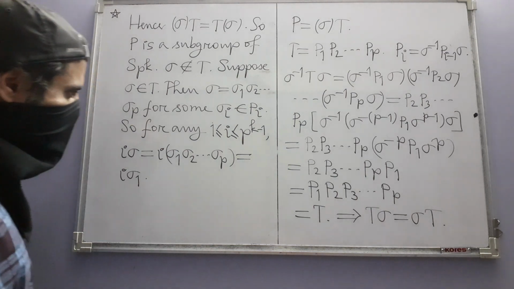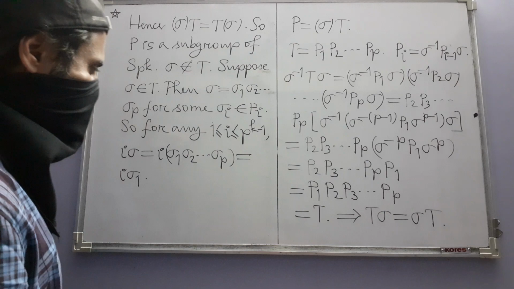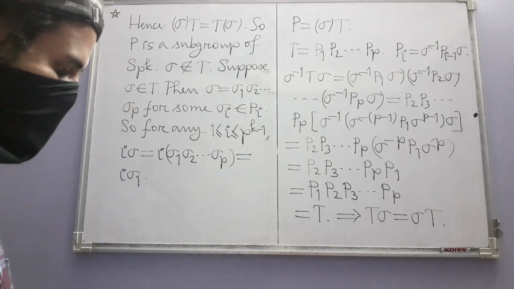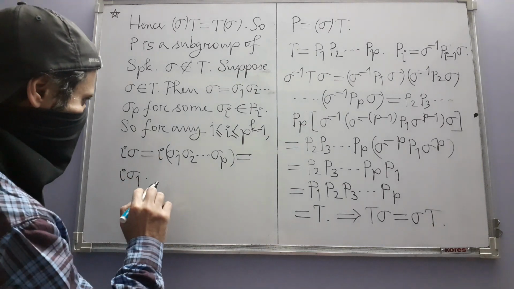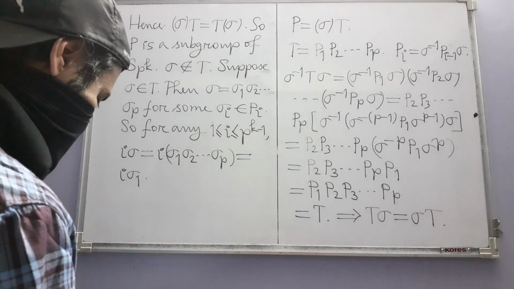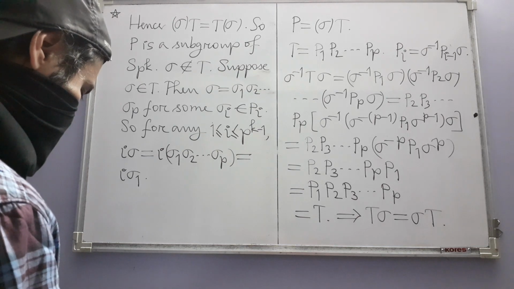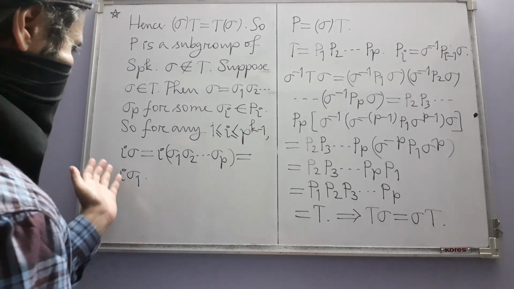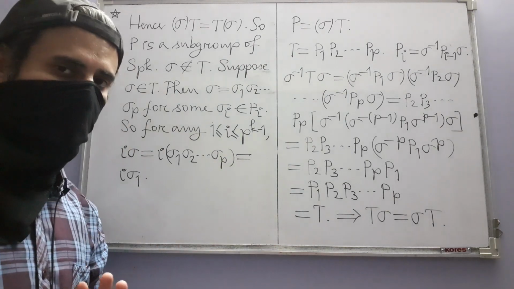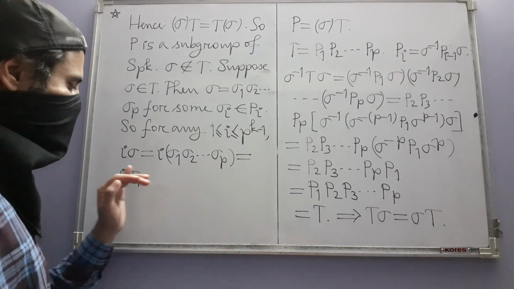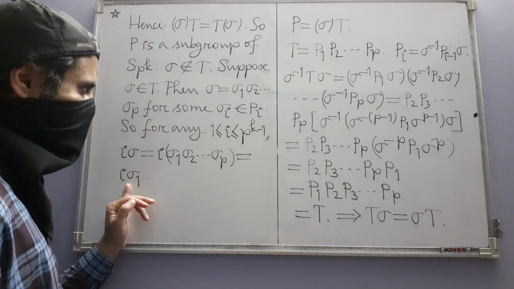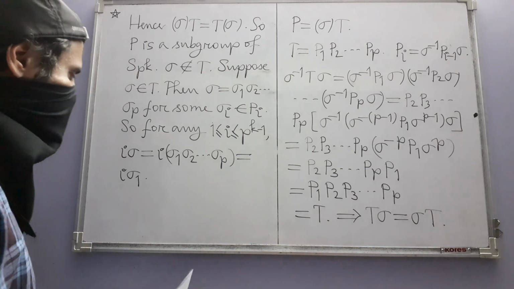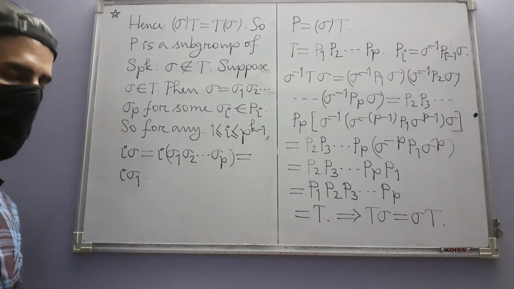Okay. But this is a problem, because sigma 1 fixes everything greater than p to the power k minus 1. That's because sigma 1 has its effect only in this region. However, sigma changes everything.